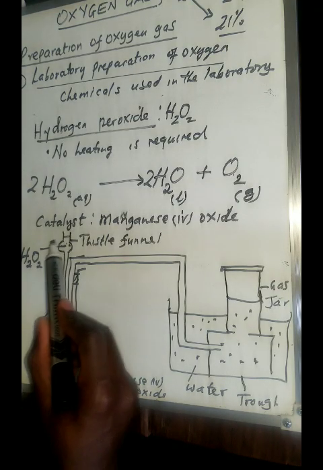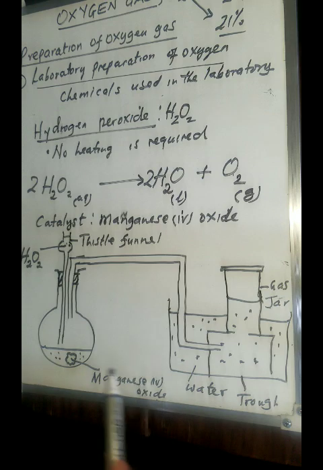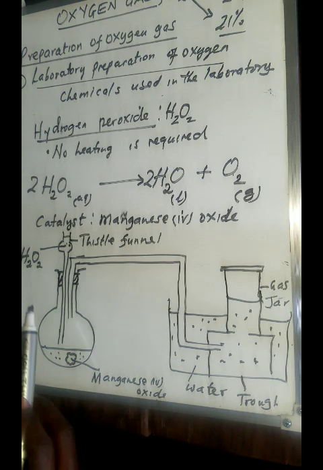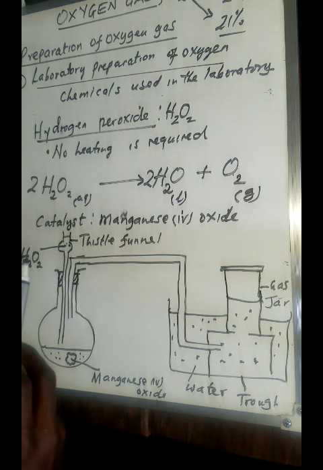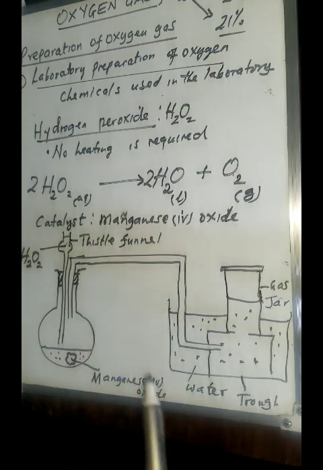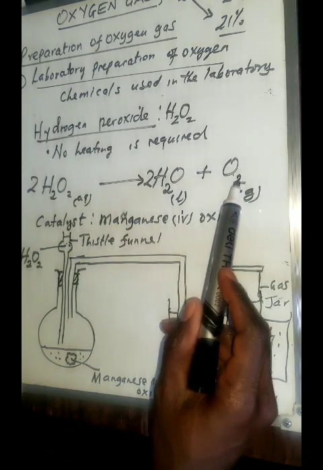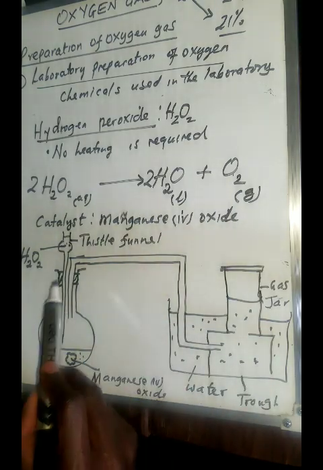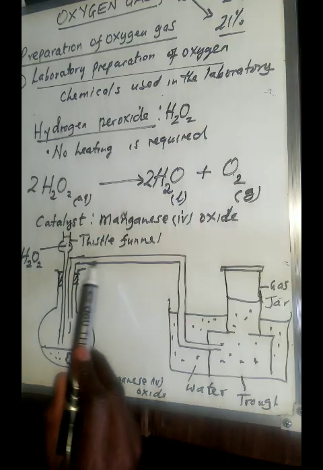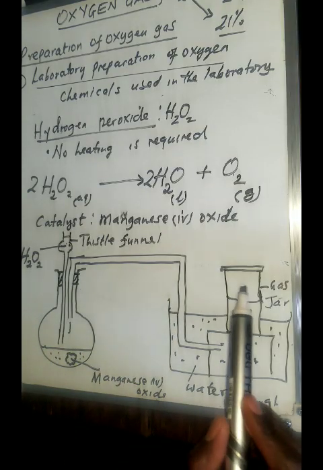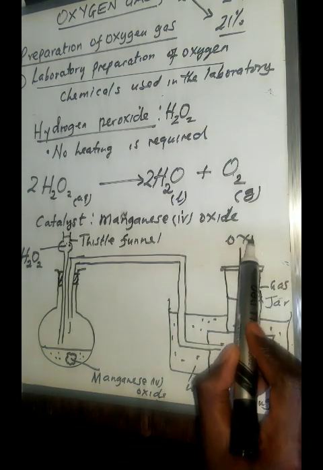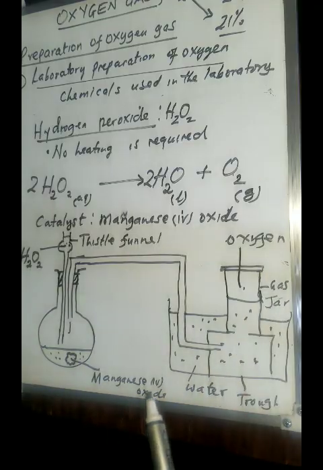So of course, when the hydrogen peroxide comes in contact with the manganese oxide, it will help to break down the hydrogen peroxide into water and oxygen. The water will be formed, but the gas is going to rise and be collected there. The gas collected is oxygen.